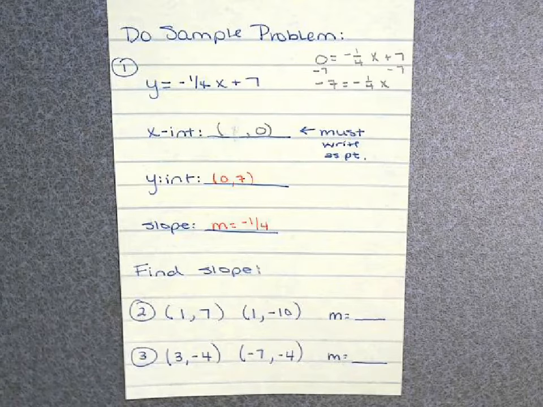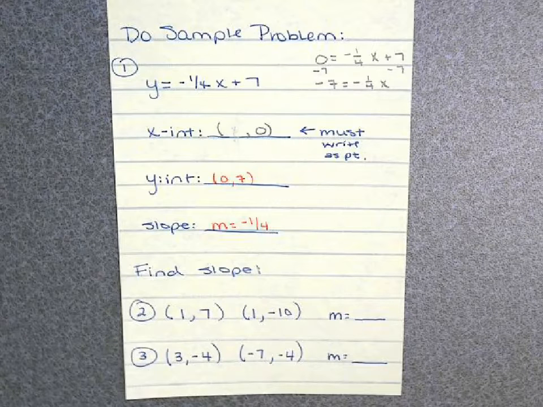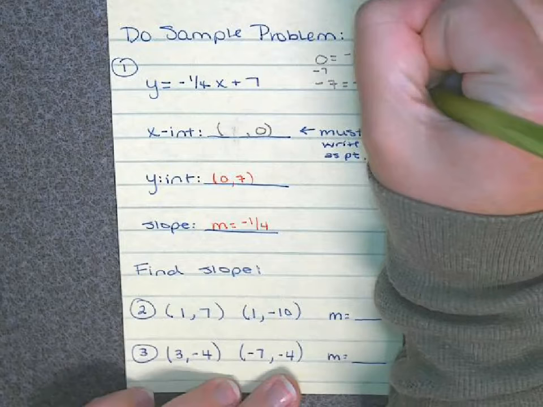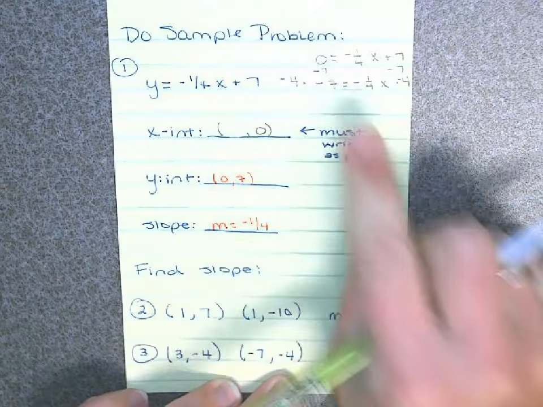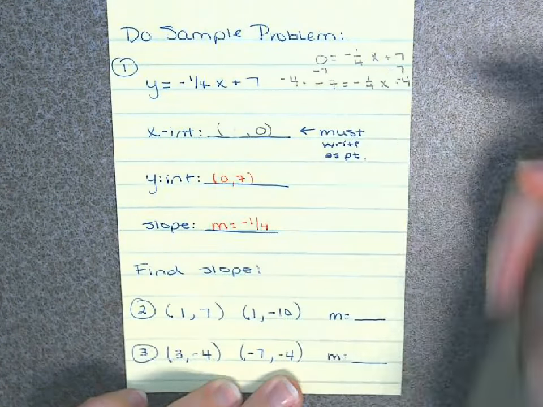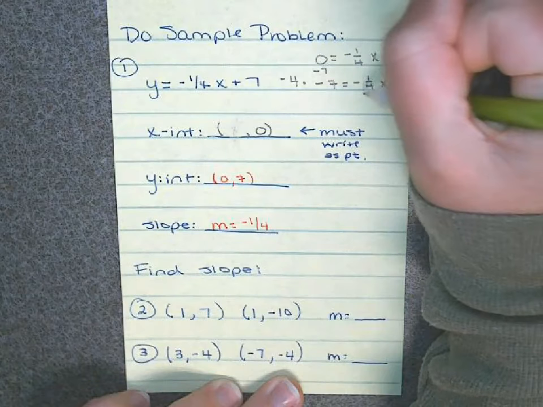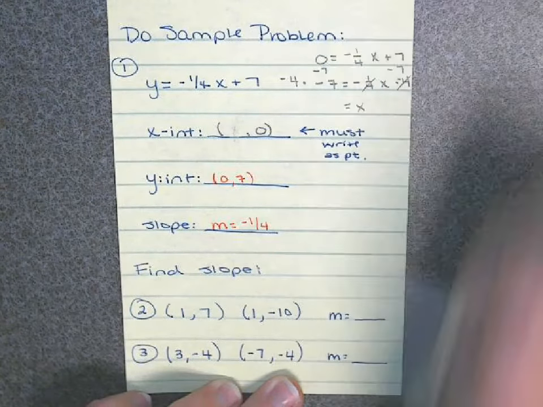Multiply by what? How about -4? If we multiply by -4 on both sides, that denominator is going to go away. Remember that? So the -4 and the 4 are going to go away, and we'll have x alone on this side.